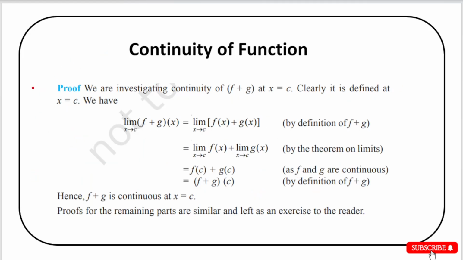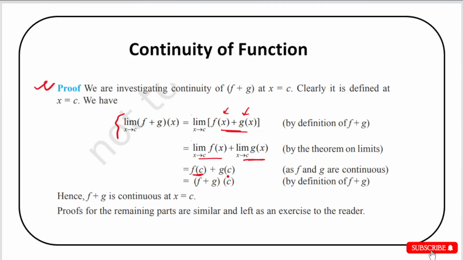You can do it. So the proof is that, start with this left hand side, limit x tends to c of (f plus g)(x). If you know the properties of limits, you can separate these functions and take the limit separately on each of these functions. So take the limit inside: limit x tends to c f(x) plus limit x tends to c g(x). Since these functions are continuous, the limiting value will be equal to the functional value.